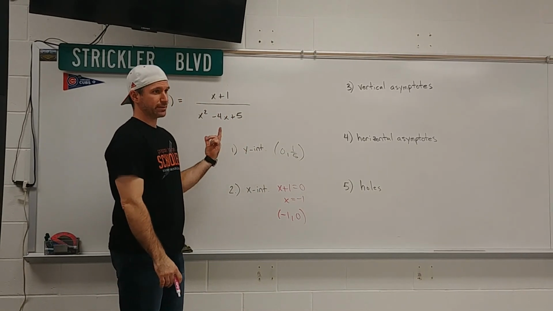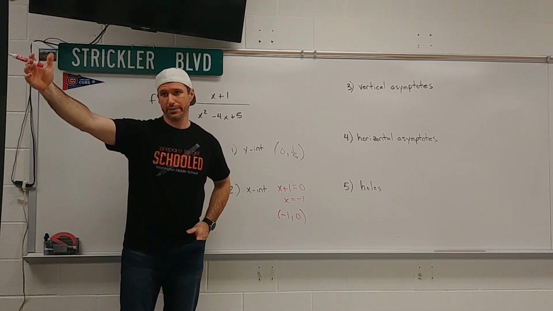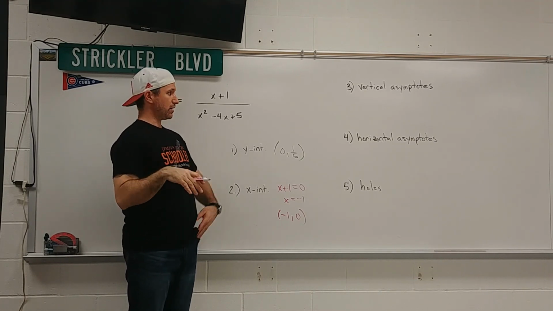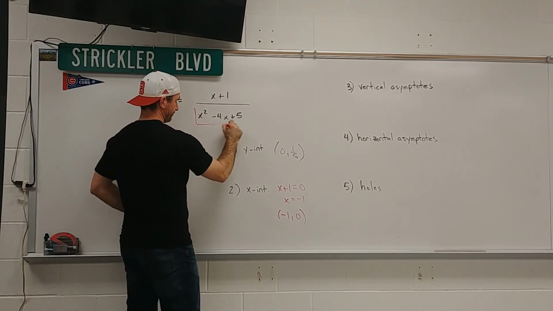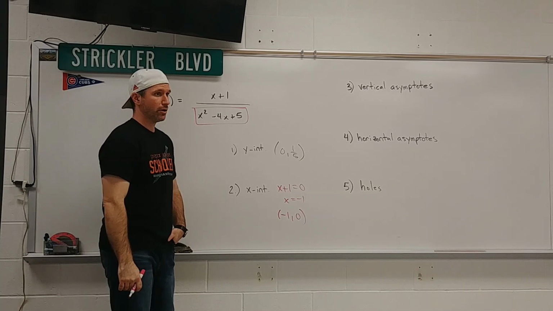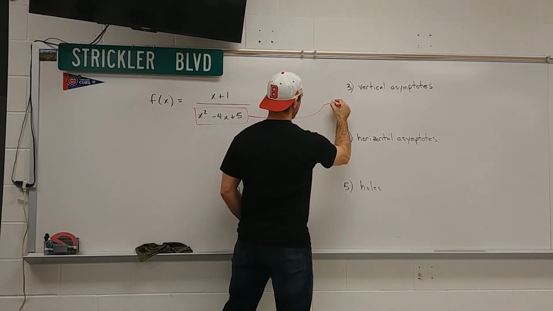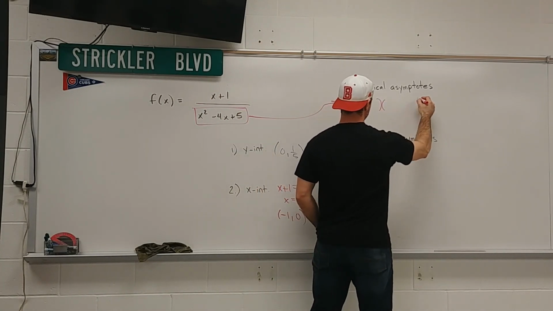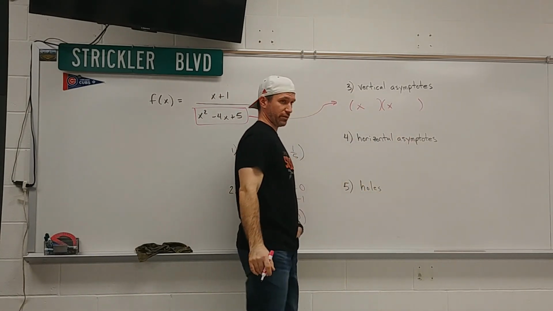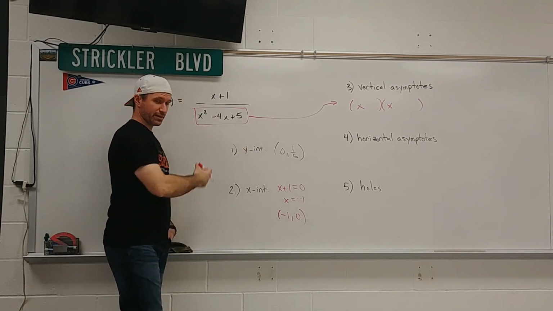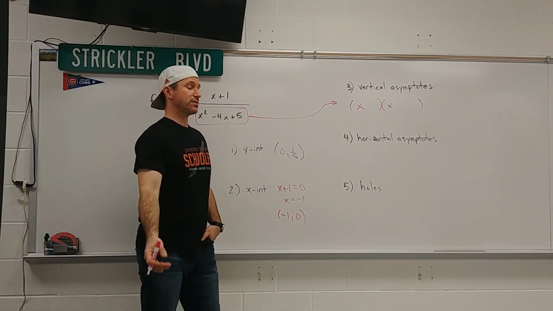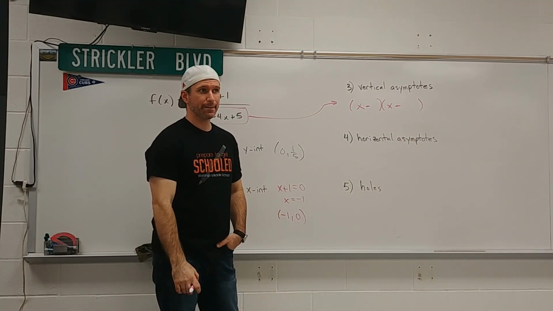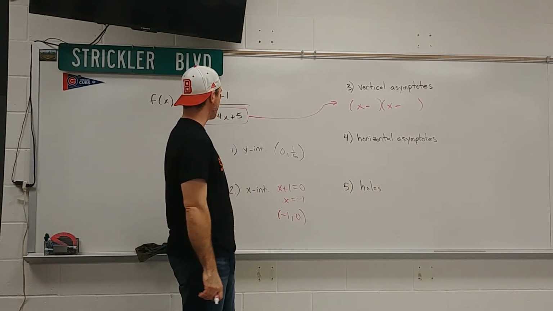Okay, over there, vertical asymptotes. He tells me that almost everybody missed this one on the Desmos yesterday because you thought that when you set this part equal to 0, it's 1 and 5, but it's not, because you can't factor this. Can you think of two numbers that multiply to positive 5 and add to negative 4, having to be minus minus? No, I can't. That doesn't work.